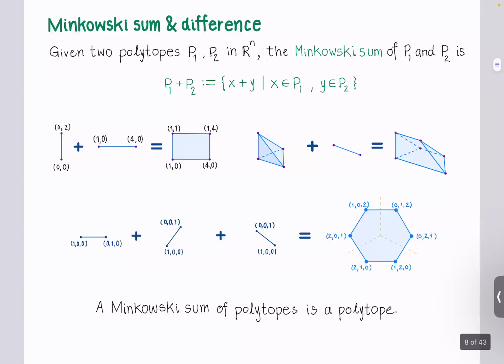Any questions so far? Is this related to the Cartesian product of 2 graphs or multiple graphs? Which one, Minkowski sum and Minkowski difference? Yeah, the Minkowski sum. It looks like a Cartesian product of like the first example of those 2 graphs.